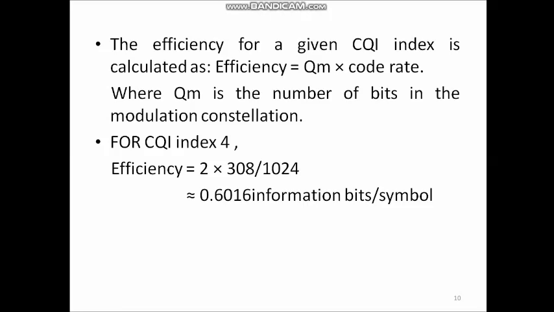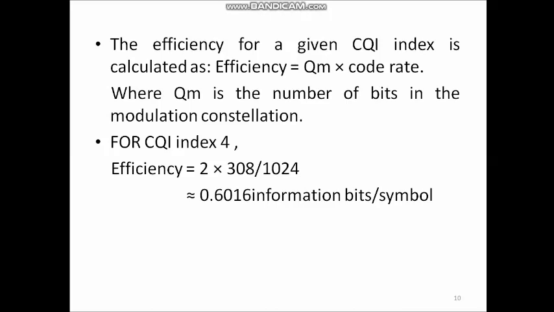Okay, the efficiency for a given CQI index is calculated as efficiency equal to Qm into code rate, where Qm is the number of bits in the modulation constellation. For example, if QPSK is used, then Qm equal to 2 bits per symbol. For 16 QAM, it requires 4 bits per symbol, and for 64 QAM, it requires 6 bits per symbol. So based on the modulation scheme used, you can find the Qm value.